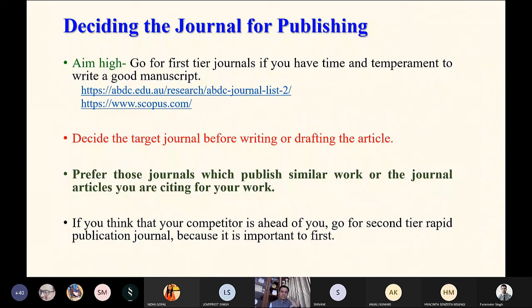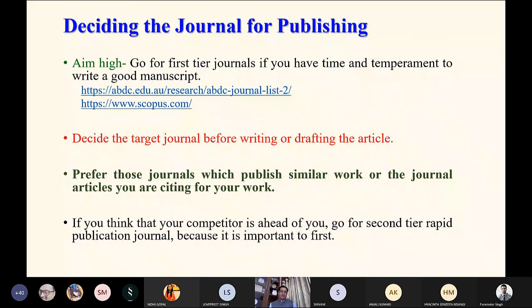This is how I have to identify the different journals publishing similar work to mine, and this is how I have more chances that my paper will be accepted by that journal, because the research I am conducting and the kind of research they publish are similar.